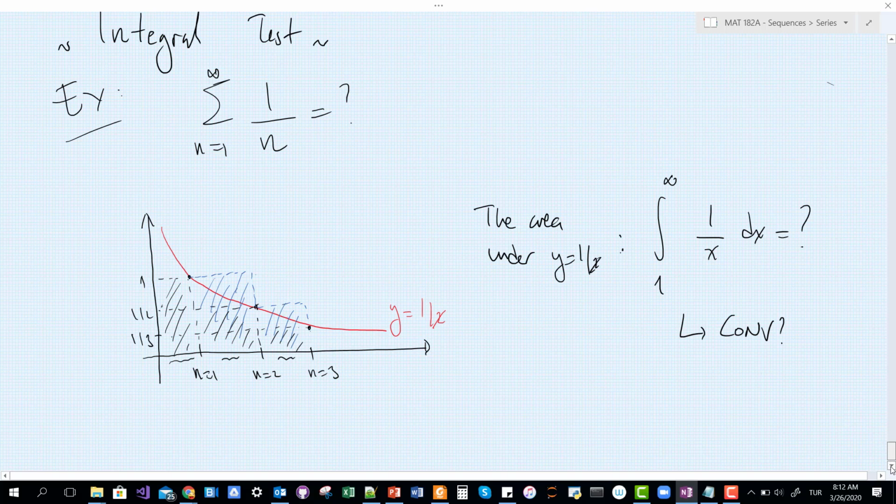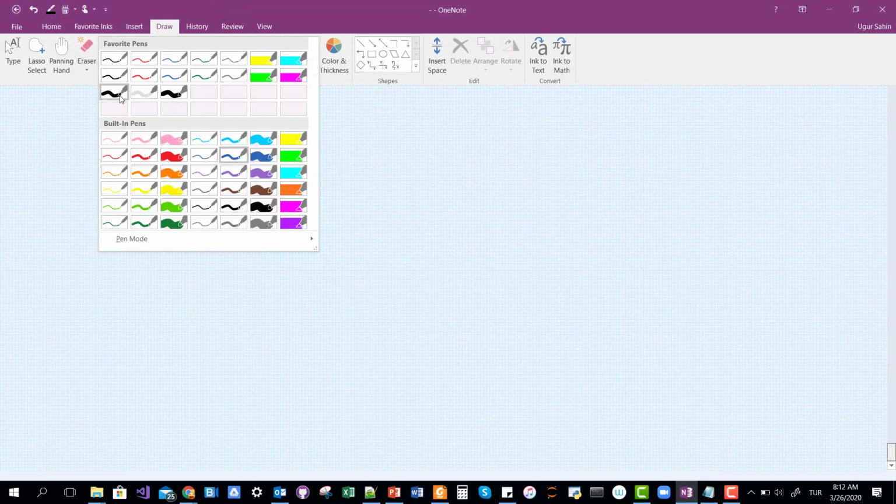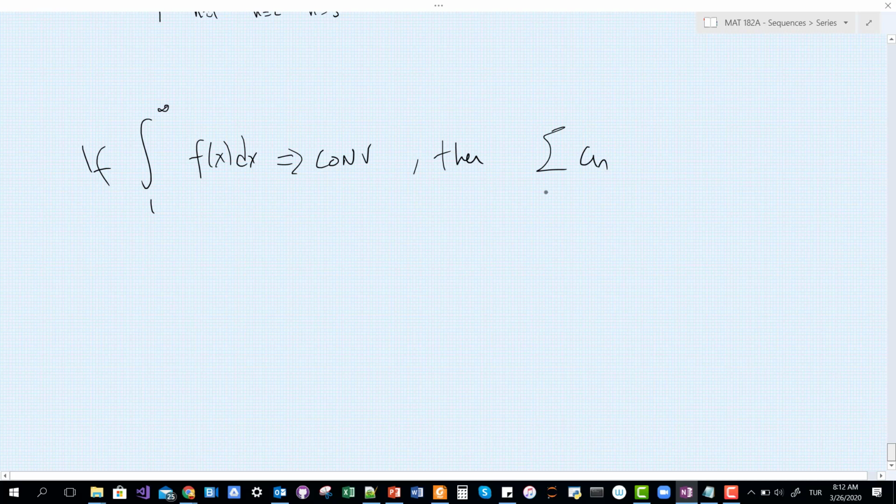So if I summarize this result in this way: if the integral of f of x dx from 1 to infinity is convergent, then my series is convergent.